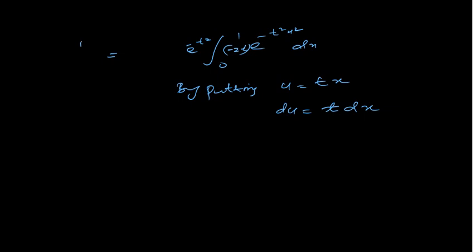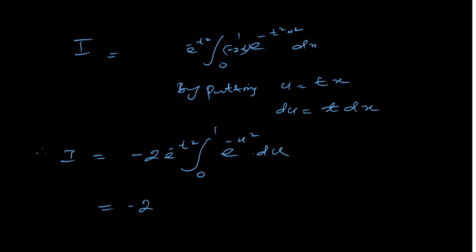Therefore, if I denote this integral by I, then I is equal to the integral of minus twice e power minus t square, integral e power minus u square, and then t dx is equal to du. This is our integral, and you can always replace u by x again, with limits 0 to 1. It's equal to minus 2 times e power minus t square, integral 0 to 1 of e power minus x square dx.